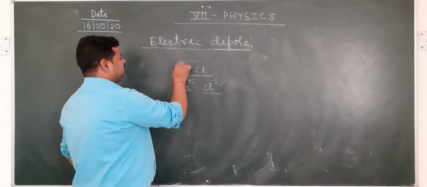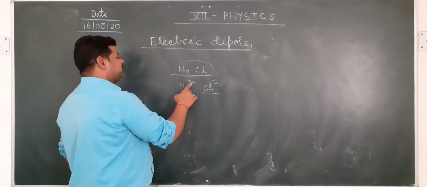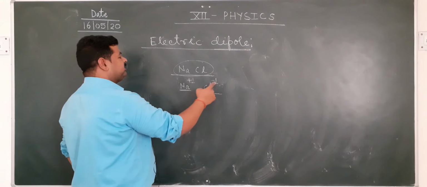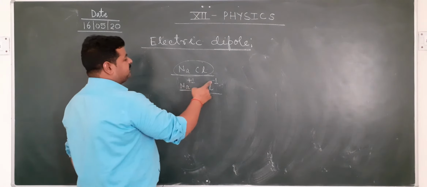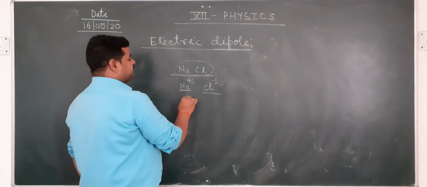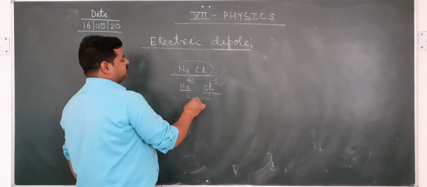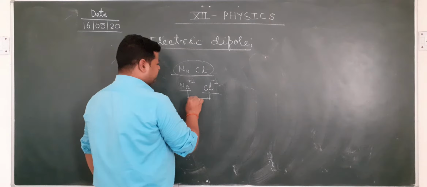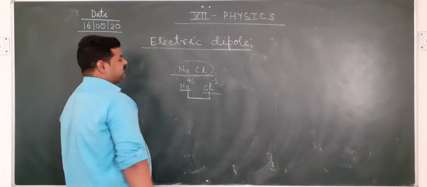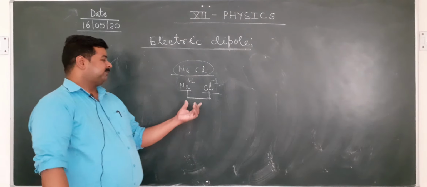NaCl is known as a system having equal magnitude, but opposite sign, and separated by a small distance. The separation between Na plus and Cl minus is small.